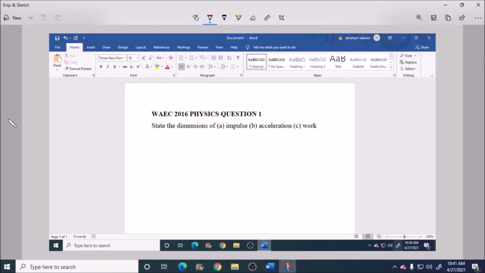Now for impulse, the dimension is given as MLT^-1. For acceleration, the dimension is given as LT^-2.